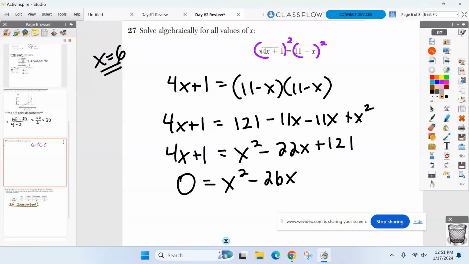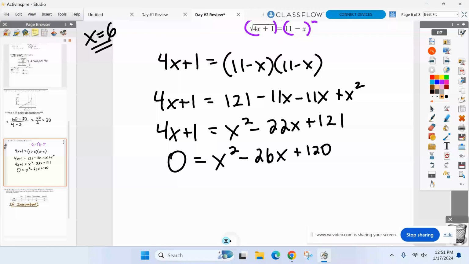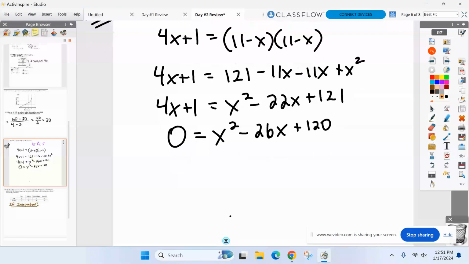And I move over the 1, positive 120. All right, this is not the easiest one here, but looking for two numbers that multiply to 120, but at the same time we'll add to negative 26.